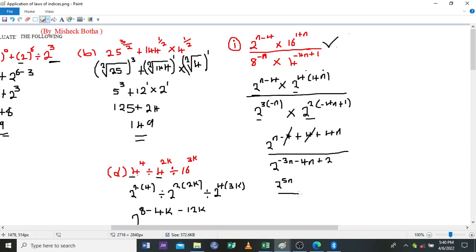Now over at the bottom, we have 2 to the power negative 3n minus 4n plus 2. This will give us 2 to the power, that's negative 3n minus 4n, that will give us negative 7n.